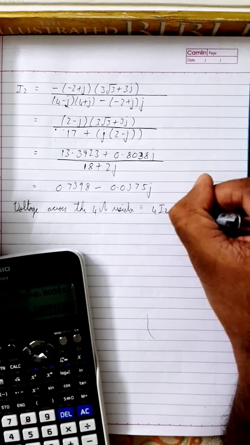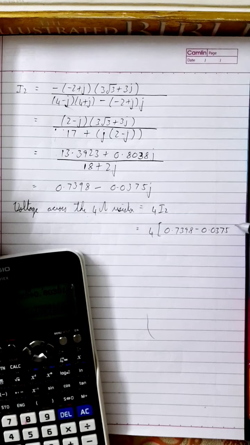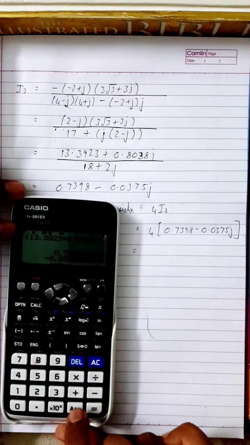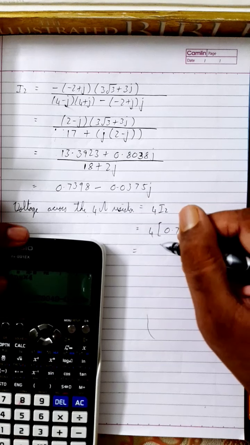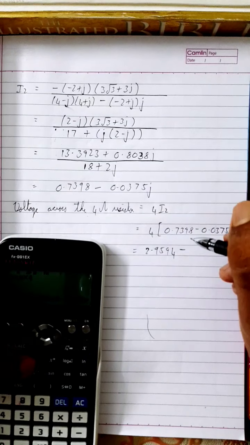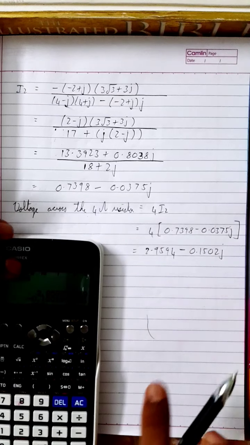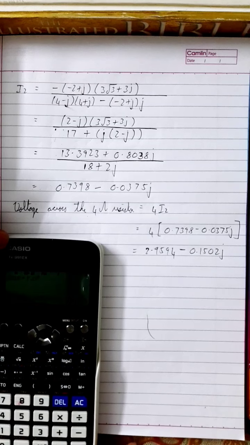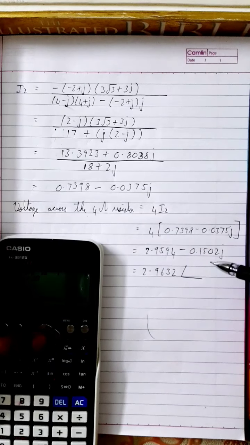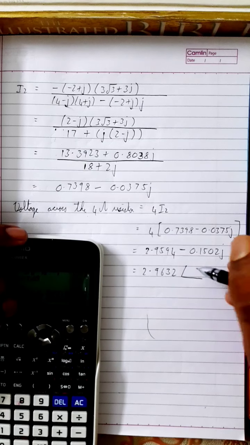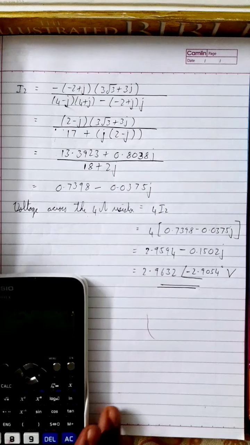So 4 into I2, which means 4 into 0.7398 minus 0.0375J, this answer into 4, and you will get 2.9594 minus 0.1502J. In its polar form, it will be written as 2.9632 angle minus 2.9054 degrees volt. This is the voltage across the 4 ohm resistor.